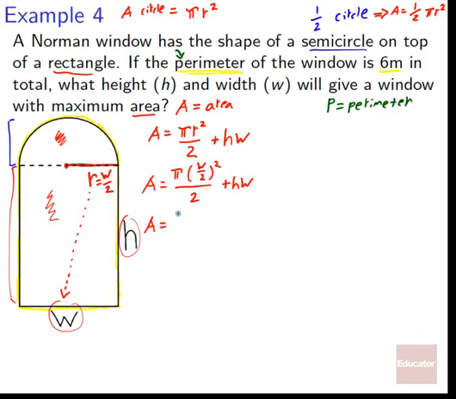Area equals pi times w squared over 4, over 2, plus hw. So we've got this whole thing divided by 2. With the 4 and the 2 both dividing, they combine into divide by 8. Great. So we've got area equals pi w squared over 8 plus hw.